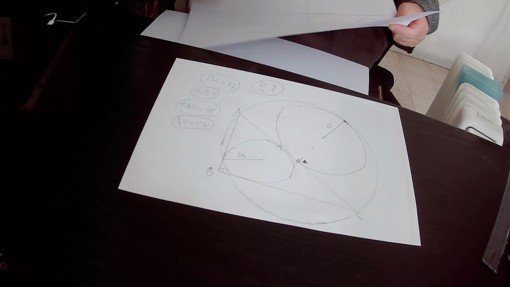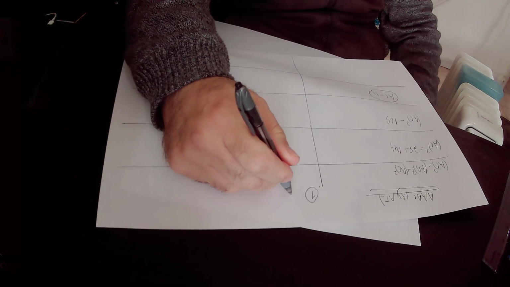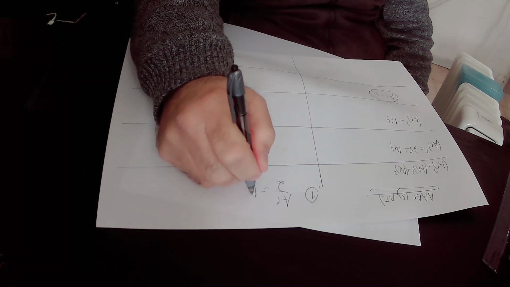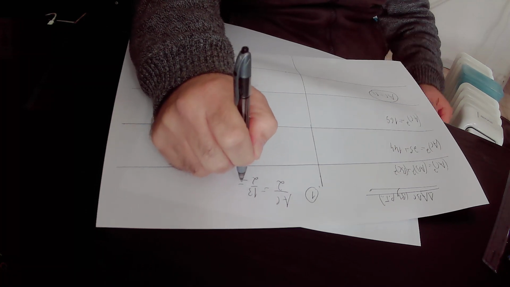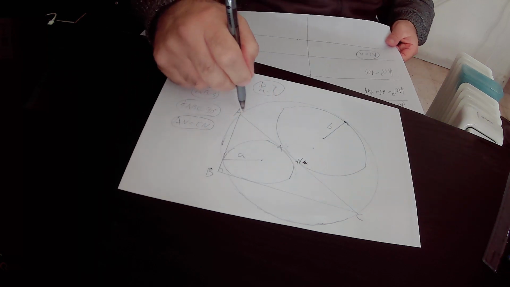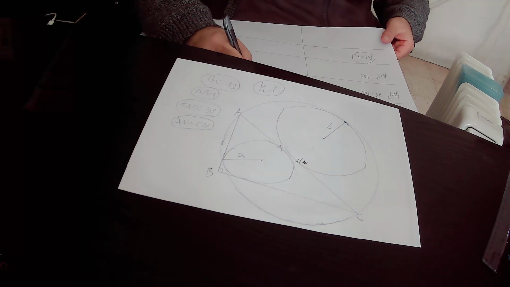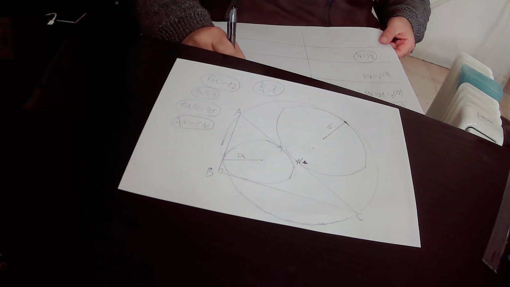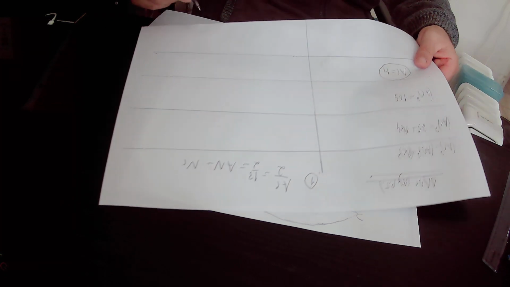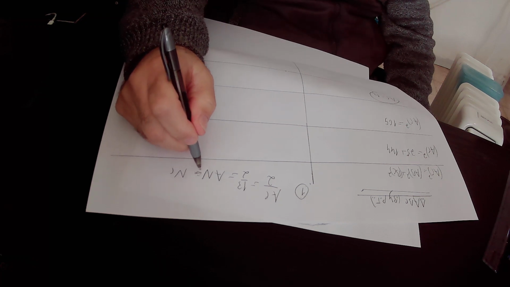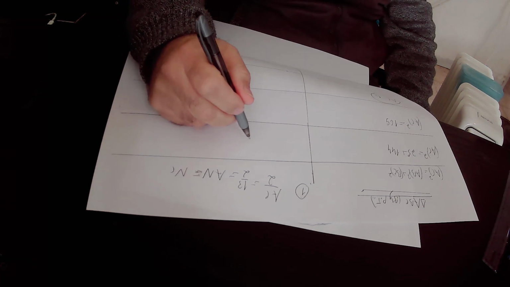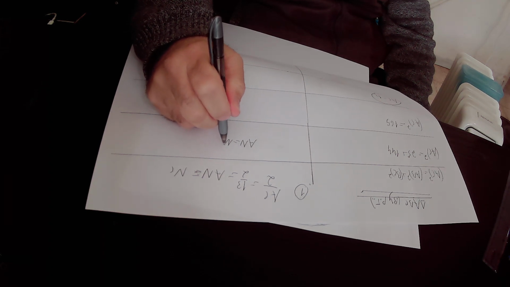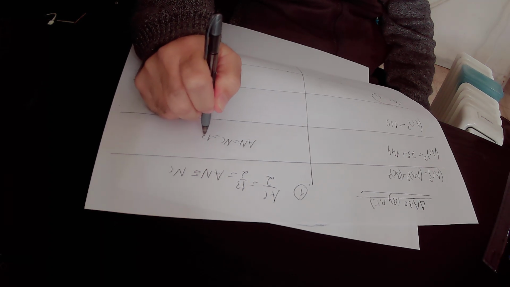So we can write down that AC over 2 is 13 over 2. The first half is AN and the second half is NC. So we found that AN equals NC equals 13 over 2.